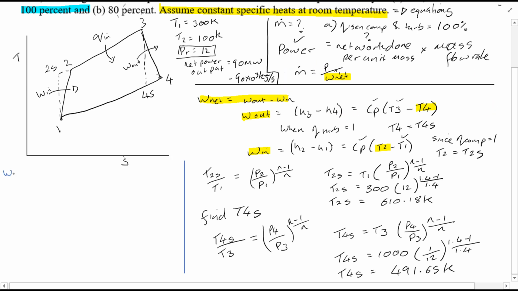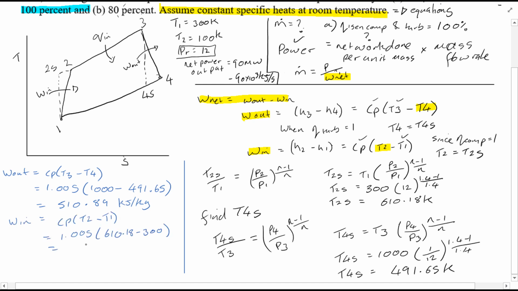So W out is equal to 510.89 kilojoules per kg, and W in is equal to 311.73 kilojoules per kg.